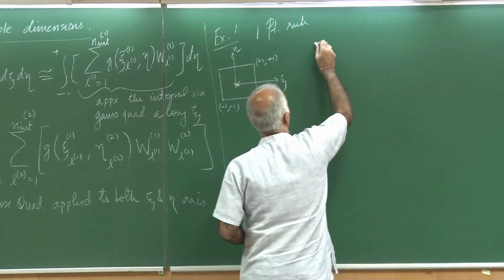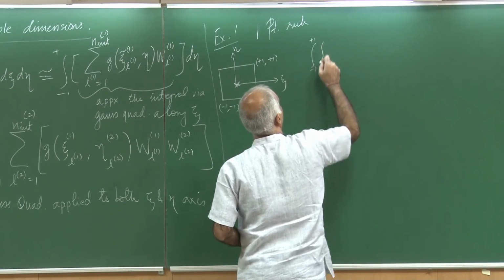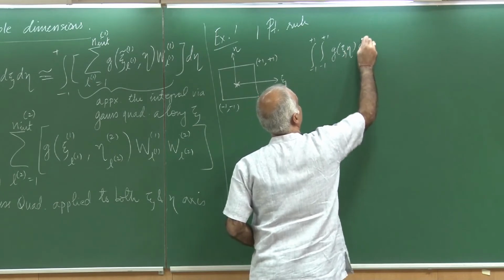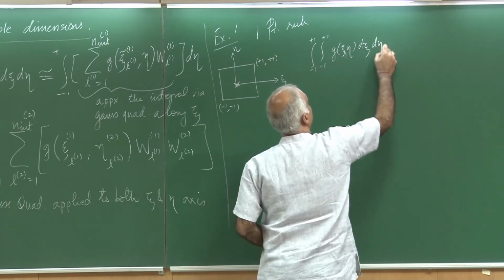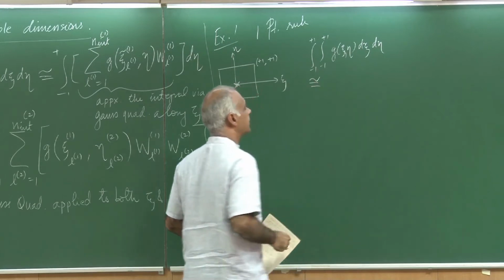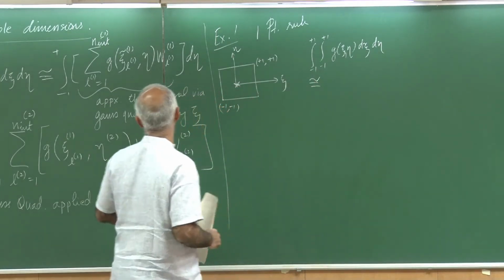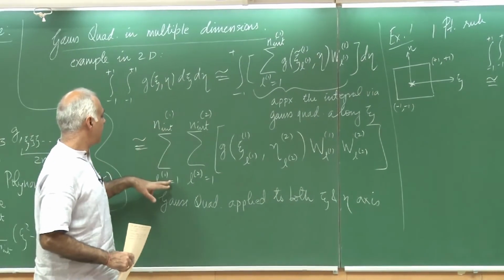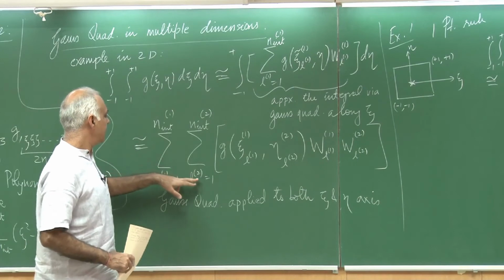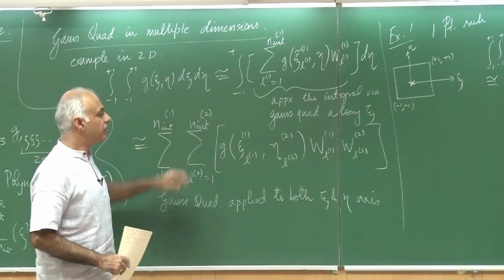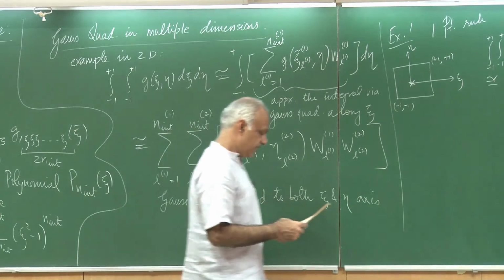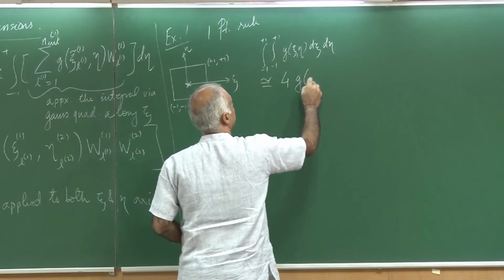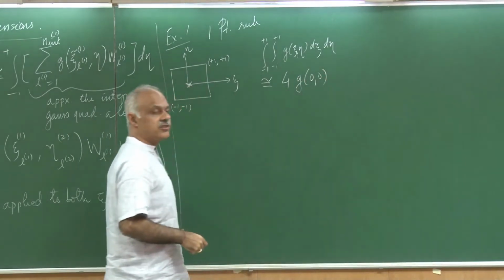expression is the following. So -1 to +1, -1 to +1, g of xi eta d xi d eta can actually be approximated as, if I put in this expression simply L1 going from 1 to 1 and L2 going from 1 to 1, because it is a 1-point quadrature in each direction, then I would be able to see that this would be 4 times g evaluated at 0, 0.